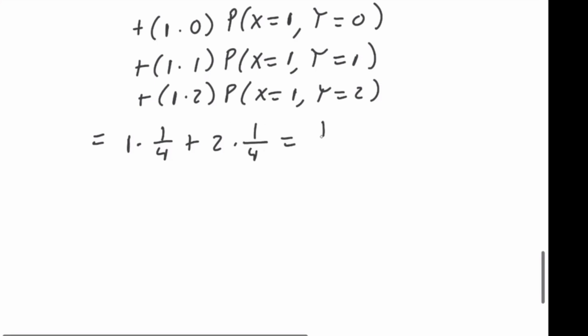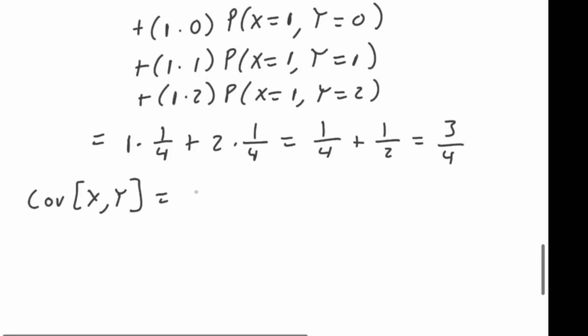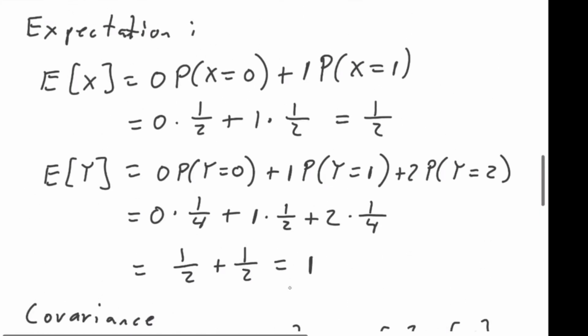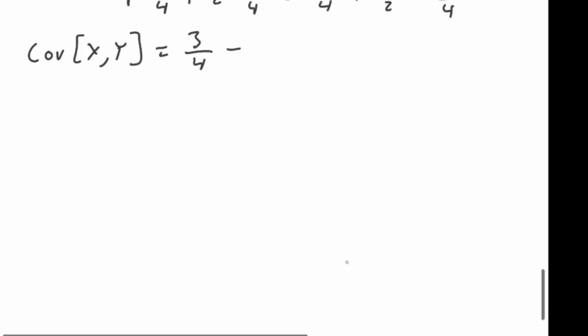So that's a fourth plus a half, so that'll just give us 3/4. Okay, so now the covariance of x and y is equal to the expected value of xy, which we calculated as 3/4, minus the expected value of x times the expected value of y, so a half times 1.